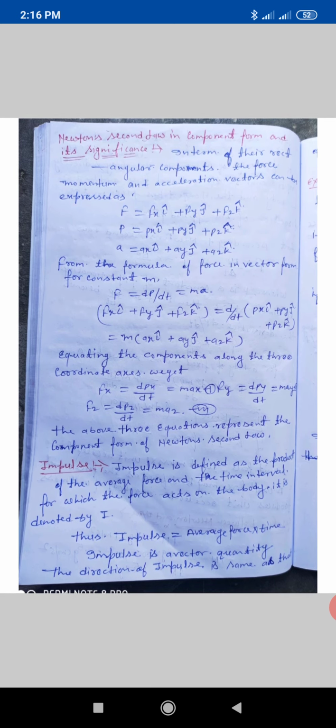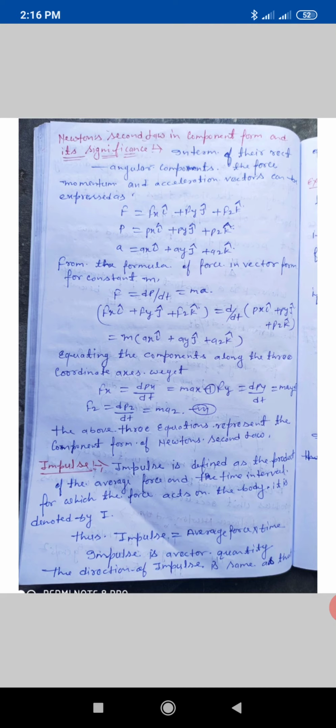Equating the components along the three coordinate axes, we get Fx equals dPx upon dt equals m ax, Fy equals dPy upon dt equals m ay, and Fz equals dPz upon dt equals m az.